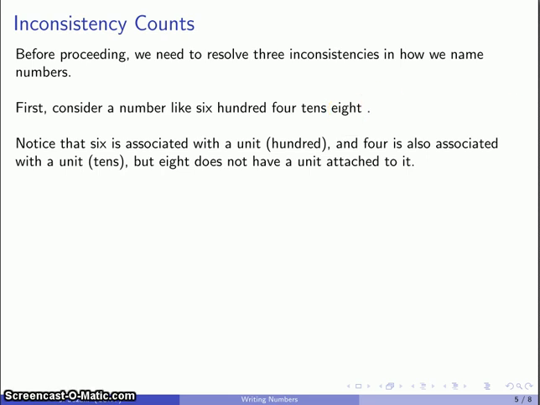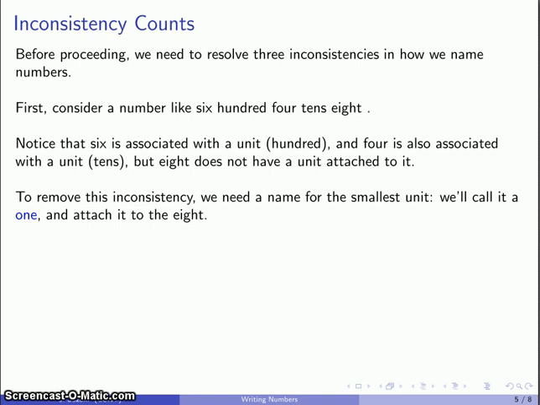We can resolve that by coming up with a name for the smallest unit. We'll call this a 1, and attach the name of that unit to the 8, so our number is 6 hundreds 4 tens 8 ones.